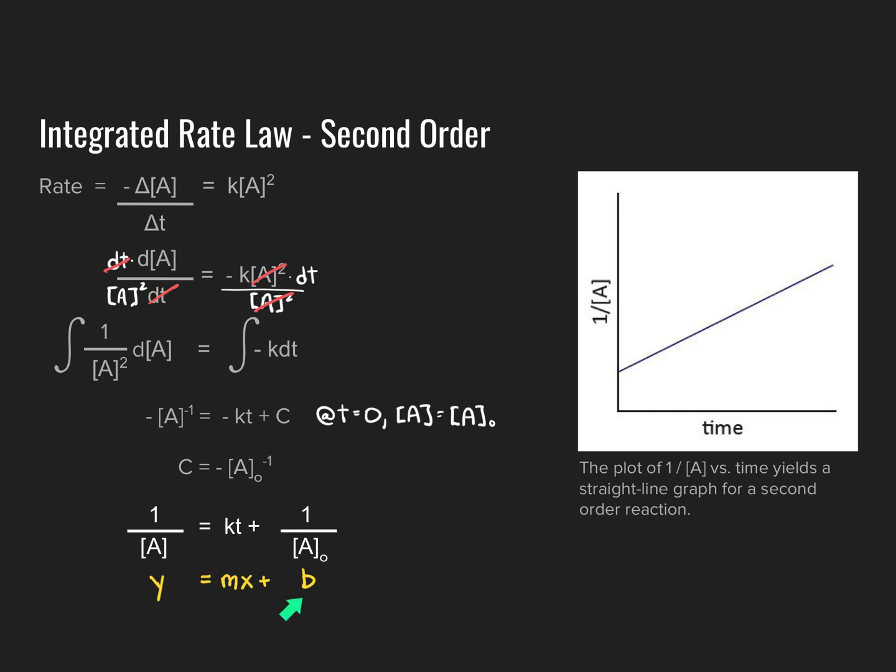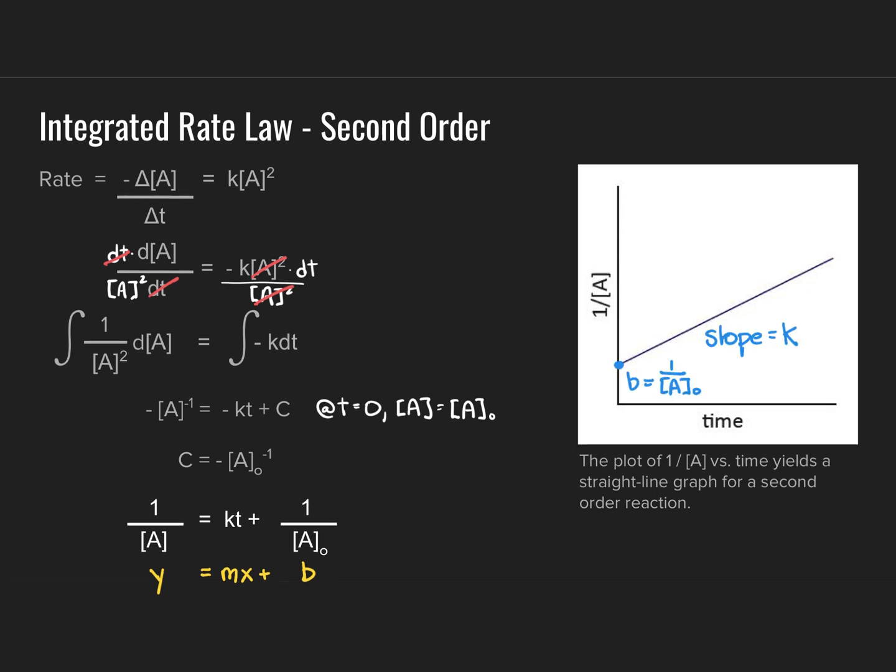And then my B, my y-intercept in the system, would be 1 over the initial concentration of A. So long story short, for a second order rate law, the graph of 1 over A versus time should yield a straight line graph whose slope is therefore equal to the rate constant K.